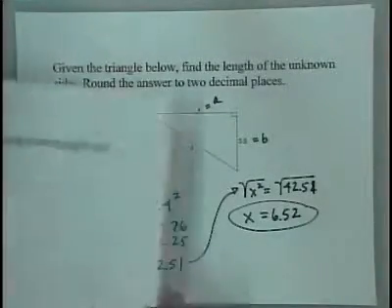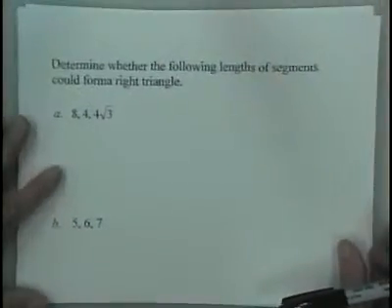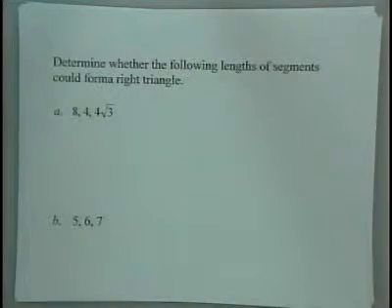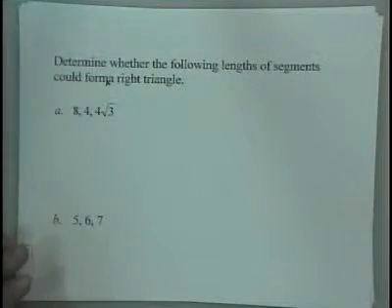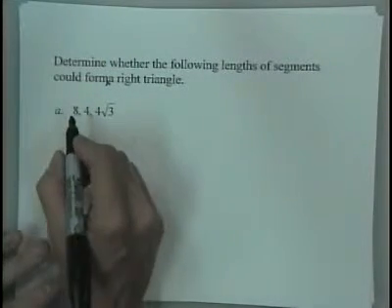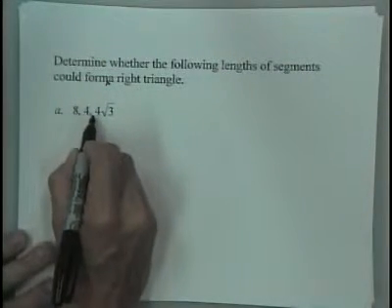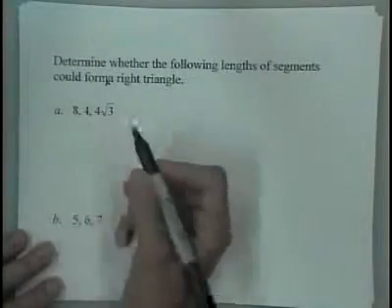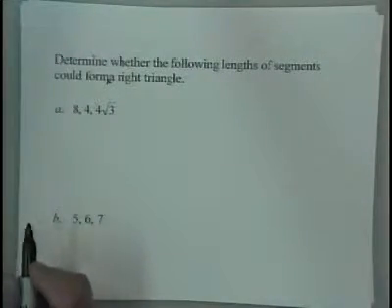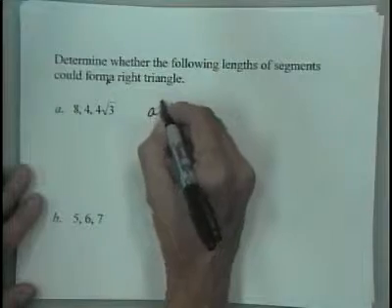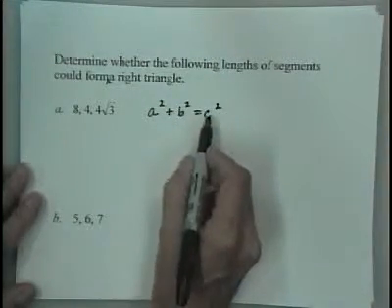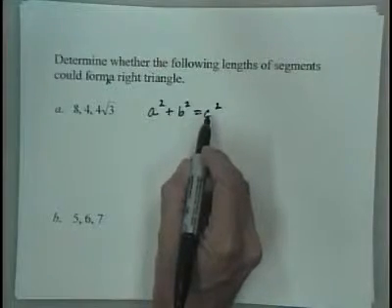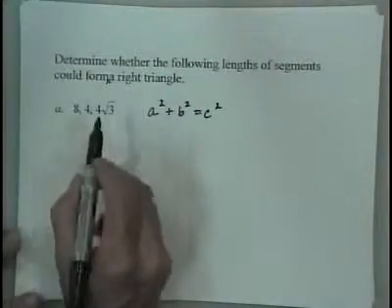Let's continue using the Pythagorean theorem and determine whether the following lengths of segments could form a right triangle. We have 8, 4, and 4 square roots of 3 as lengths of segments. I want to substitute them into a squared plus b squared equals c squared. I need to make sure that for c I use the largest of the 3 lengths.